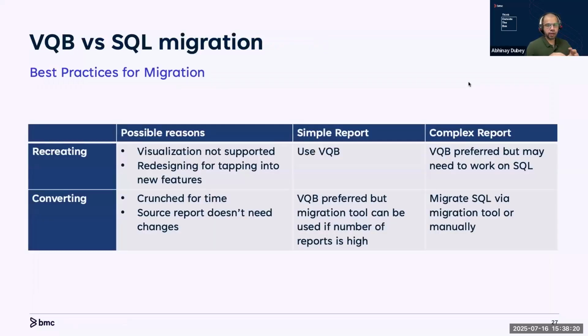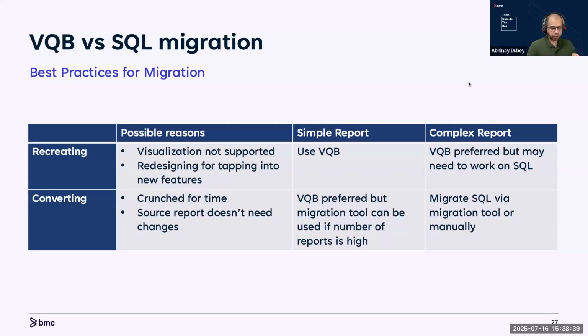Okay, so once we have done that assessment, there's another aspect that we need to think about in terms of what tooling we are going to use for what type of reports. There are different ways to migrate. Number one is using the migration tool.